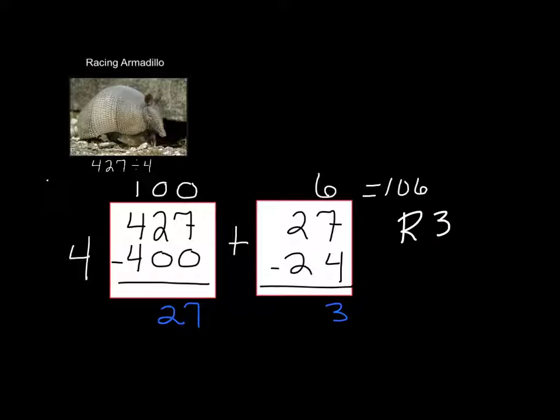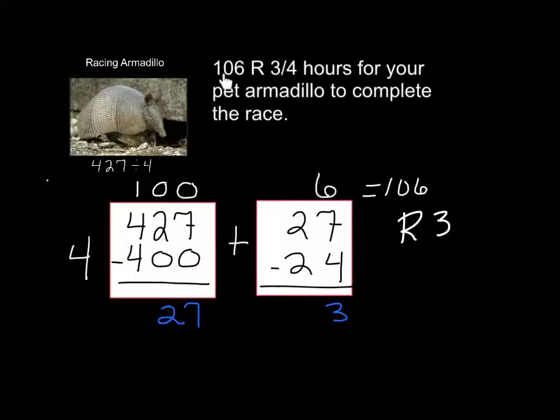And if we remember the question said, how many hours will it take him to complete the race? So how many hours will it take your little armadillo here to complete the race? And it's going to take him 106 hours, and he's going to have 3 left over. So we can also say it will take 106 with a remainder of 3/4 hours. So 106 and 3/4 of an hour.